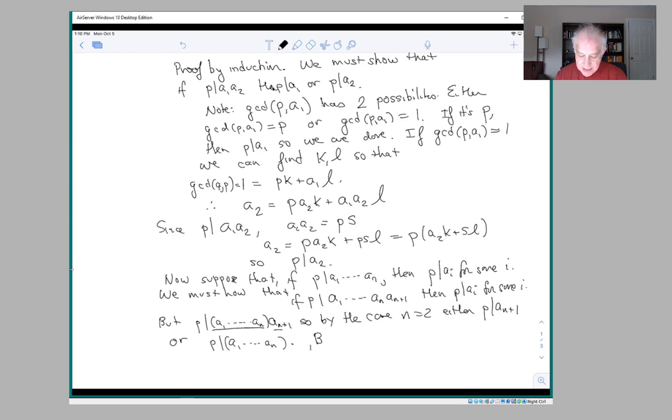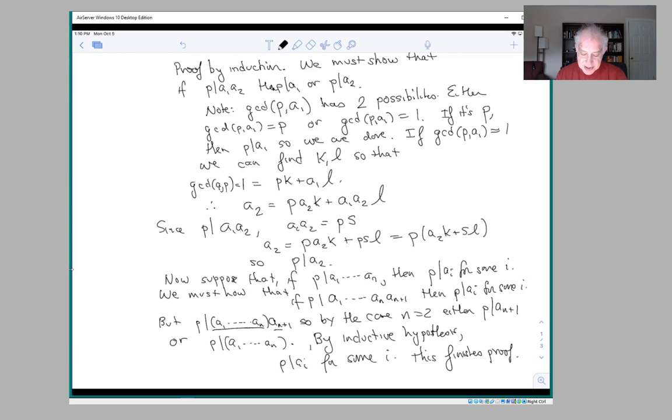And then by the inductive hypothesis, p divides a_i for some i. And this finishes the proof, because we've shown that in either case, p divides one of the numbers a1 up to a(n+1).